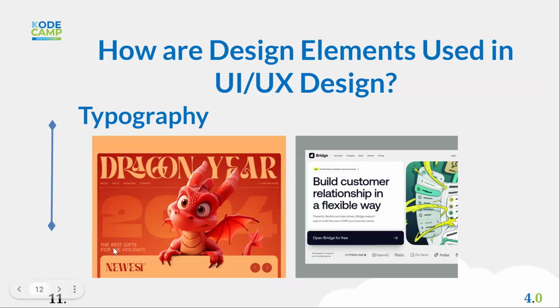With time, when we're studying our design system, maybe in the next class, we'll be able to understand how each of the elements is used and what each of them stands for. So I would like us to read more for our next class on the elements of design, because we are going to be going into Figma very soon. Then the second design, where you have build customer relation in a flexible way, is more like the heading, written in bold.